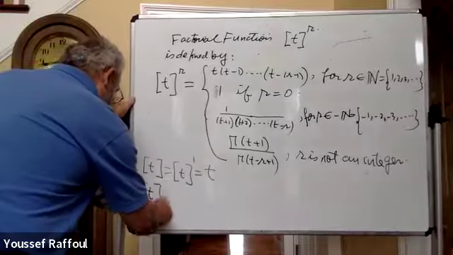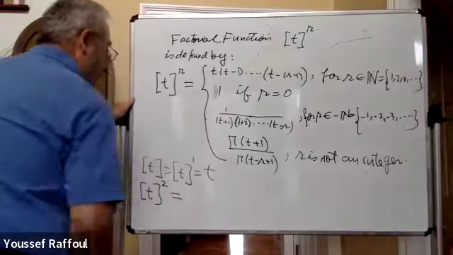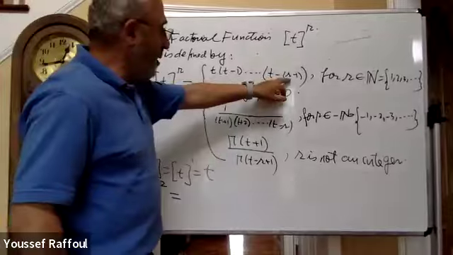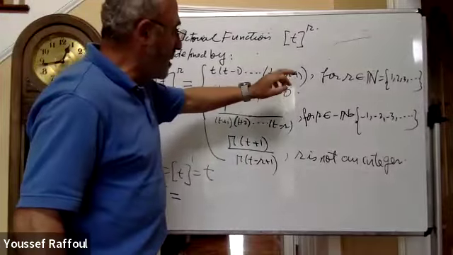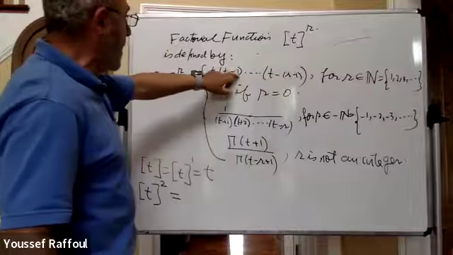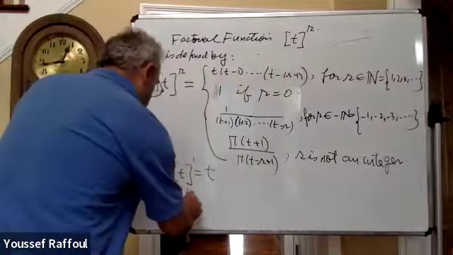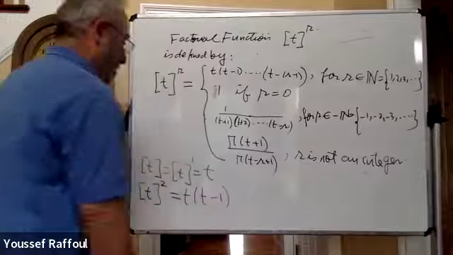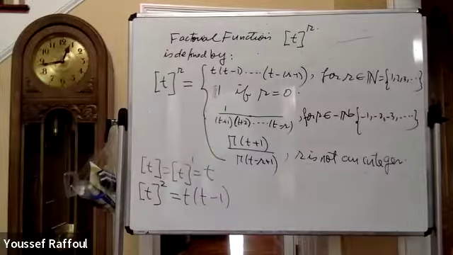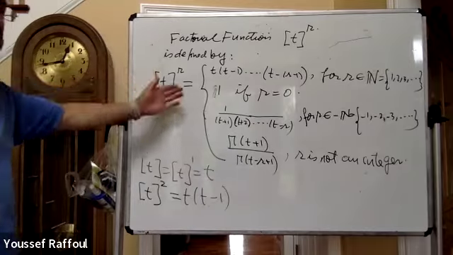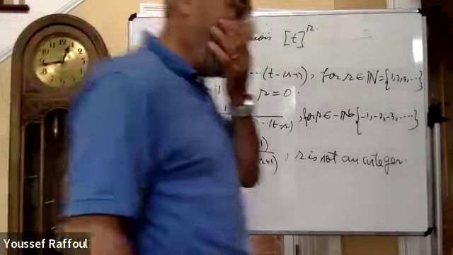If you have t squared, so if you put it here, t minus r plus 2 will be t minus 1. So you only have t times t minus 1. You see that? So this is a notation that you and I agreed on today. Okay?